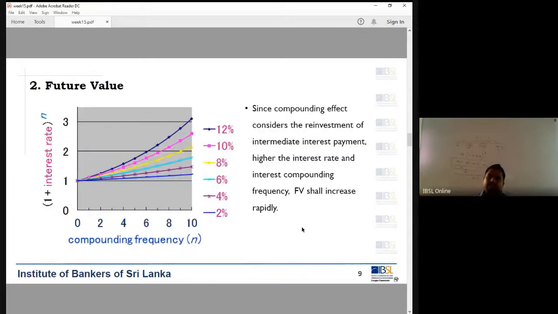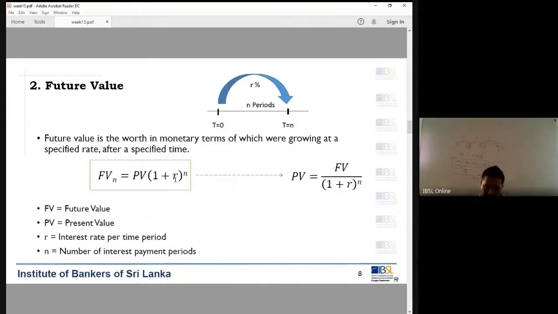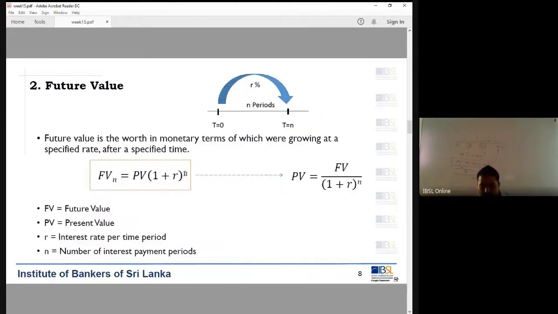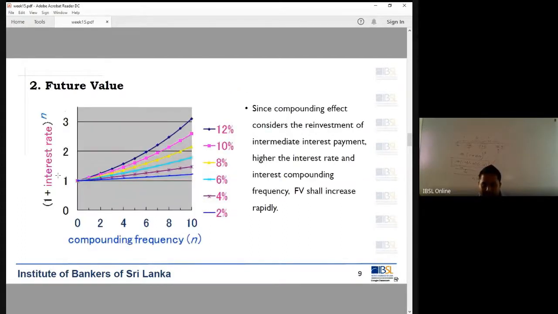Further, if you look at the future value of a trending cash flow by looking at this equation, for the two variables of interest rate and the number of time periods, I've taken two axes like this: the x-axis for n, the number of time periods, and the y-axis for (1 plus interest rate) to the power n.